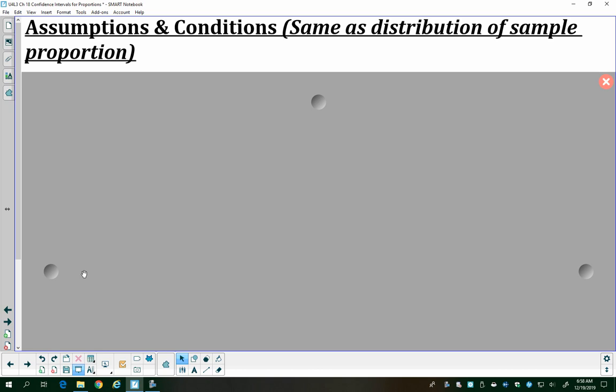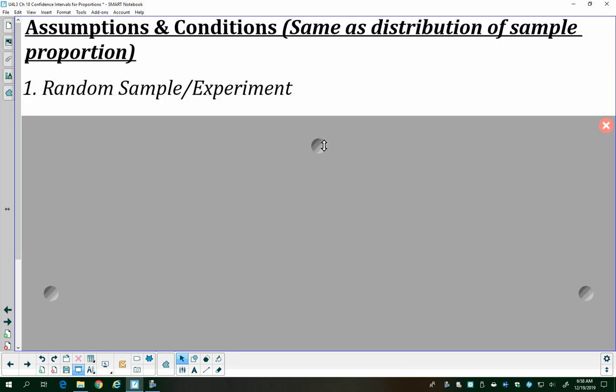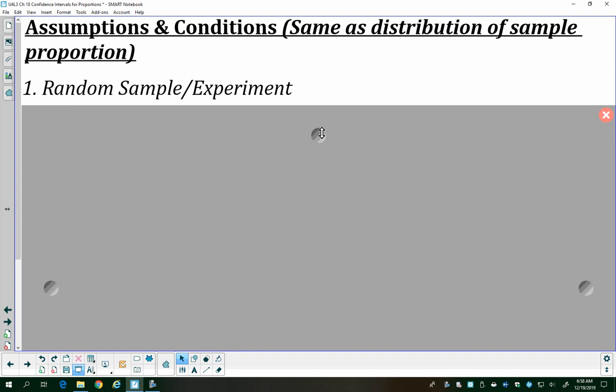Just like when we wanted to use a normal model with the distribution of sample proportions or the distribution of sample means, we had to satisfy some assumptions and conditions so that we could deem it appropriate to use a normal model. These assumptions and conditions today are the same as for the distribution of a sample proportion. We need to have a random sample or have done a randomized experiment.